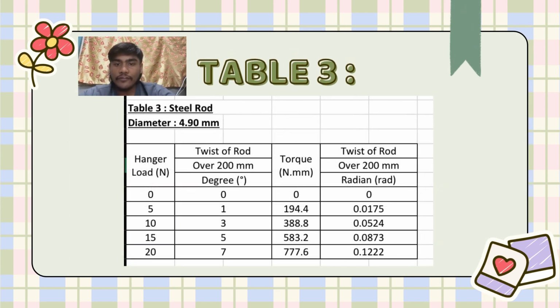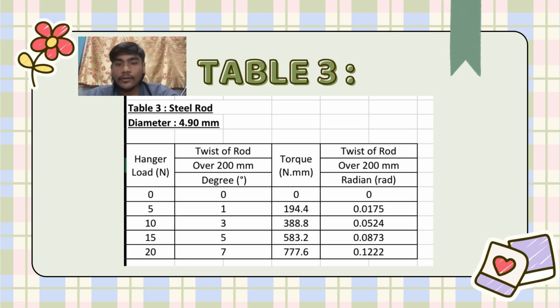And the last one, we have table 3. Table 3 is the table for the steel rod in diameter of 4.90 millimeter. In this table, we have hanger load, twist of the rod over 200 millimeter in degree, torque, and twist of the rod over 200 millimeter in radian.